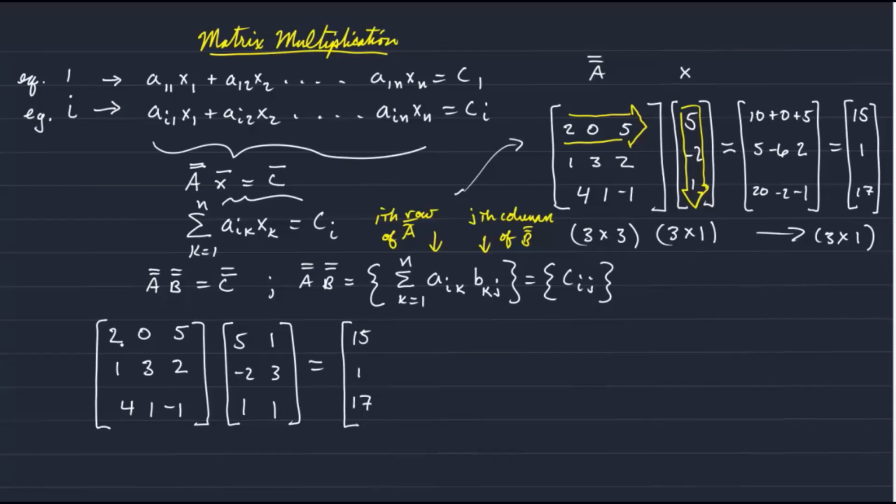But now we have to multiply each row of A by the second column to get the second column of our product. So we have 2 plus 0 plus 5, which gives 7. And we have 1 times 1 is 1, 3 times 3 is 9, plus 2 times 1 is 12.